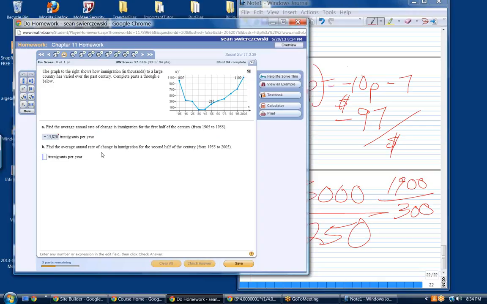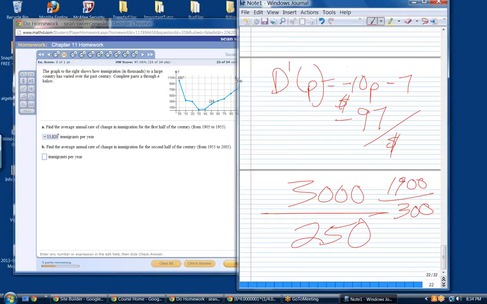Find the average annual rate of change in immigration for the second half of the century. Okay, well, we should be able to get this correct. What's the difference between 1109 and 216? 804. That doesn't sound right.